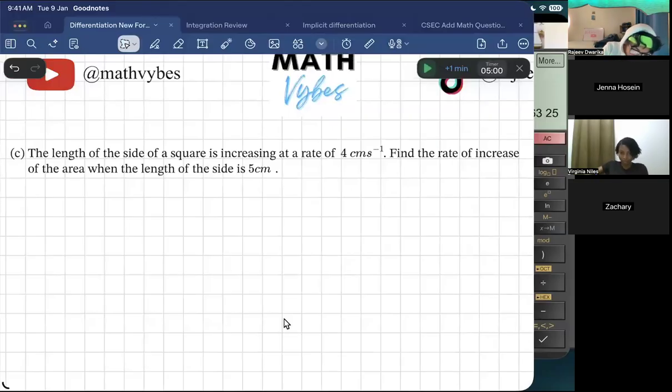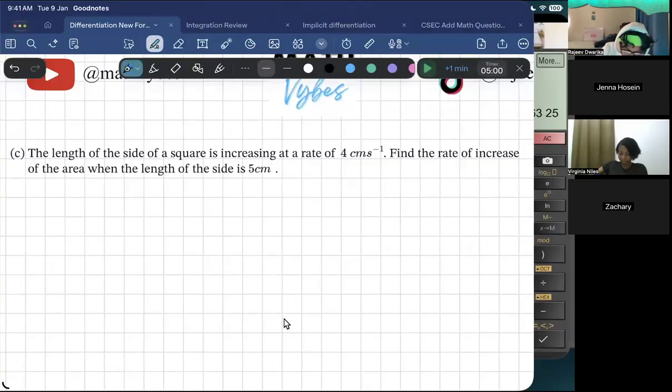They said the length of the side of a square is increasing at a rate of 4 centimeters per second. So they say rate, so dl over dt. So dl over dt is equal to what? To 4 centimeters per second. And they want us to find the rate of increase of the area when the length of the side is 5 centimeters.